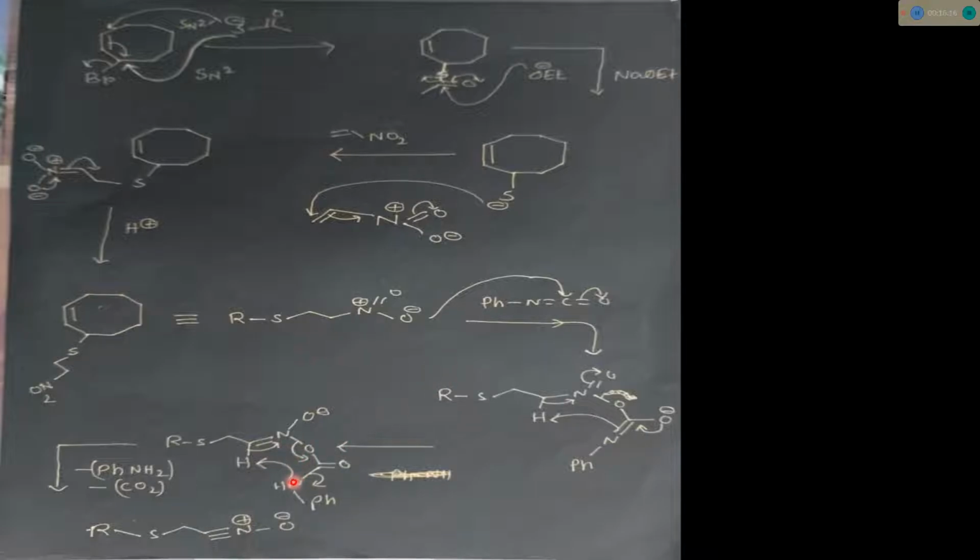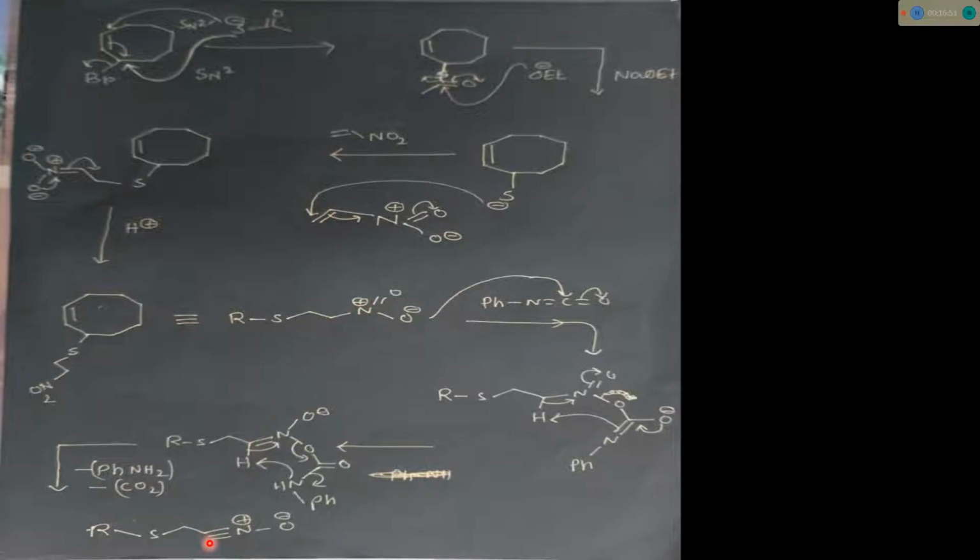Again this NH, after breaking this bond, will become PhNH. This lone pair of NH abstracts another hydrogen from the same carbon, forming a triple bond. This bond will break, this bond will break. So in this step, carbon dioxide and an aniline molecule are released, and at last we obtain a nitrile oxide kind of moiety. So we perform all these steps to obtain, at last, a nitrile oxide.